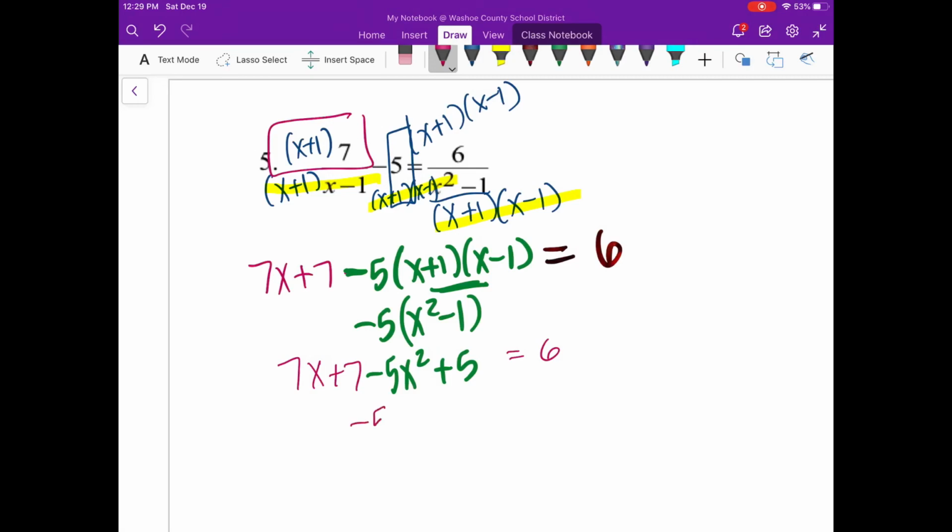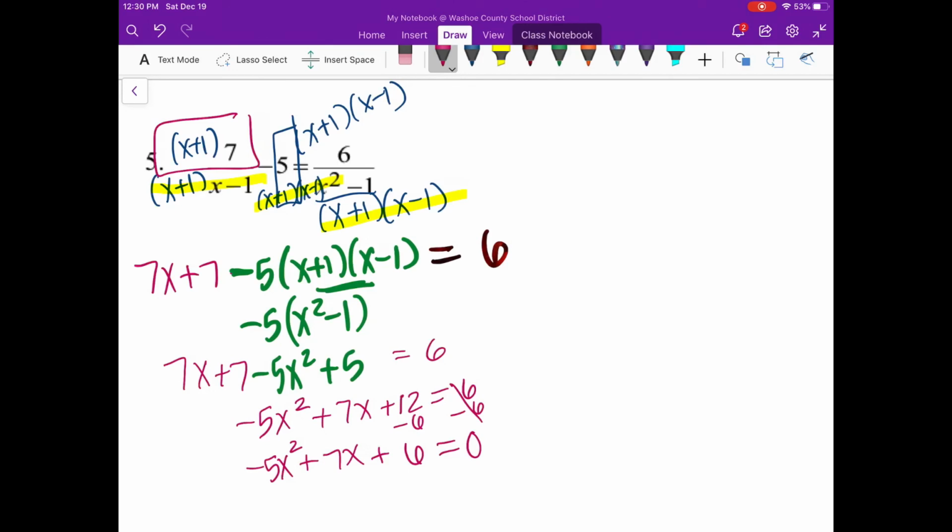So it's going to turn into a quadratic here. I'm going to combine like terms, and I get negative 5x squared plus 7x, then plus 12 equals 6. I can subtract the 6 over, and then I end up with the following quadratic.